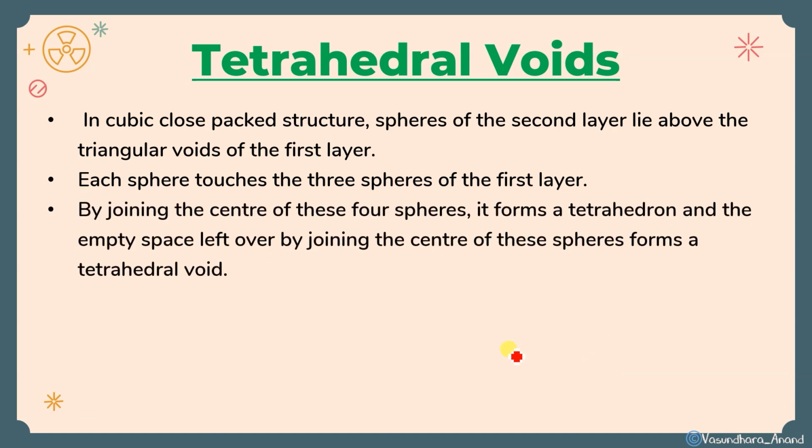Each sphere touches the three spheres of the first layer. That means on the same layer, it touches three spheres and one from above, you can say. So by joining the centers of these four spheres, three and one layer above, I should write, and one layer above.